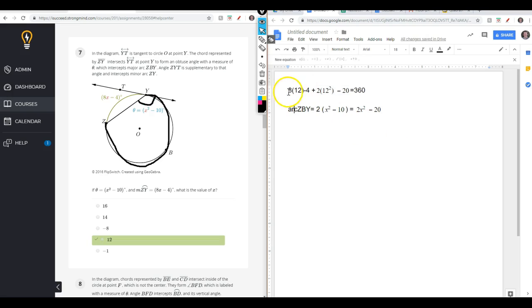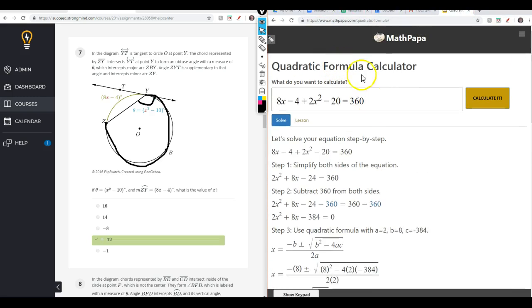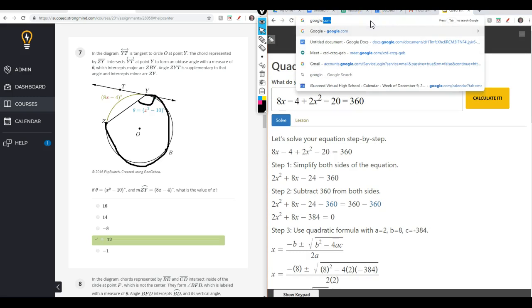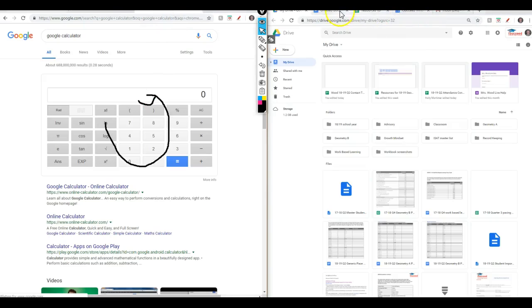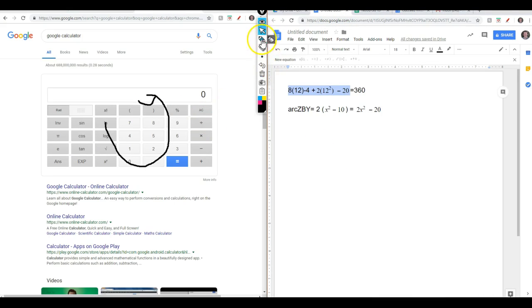So then I would copy this, and I would just go to a regular calculator, Google calculator, and type that in as 8 times 12, parentheses, minus 4, plus 2 times 12 squared, parentheses, minus 20.